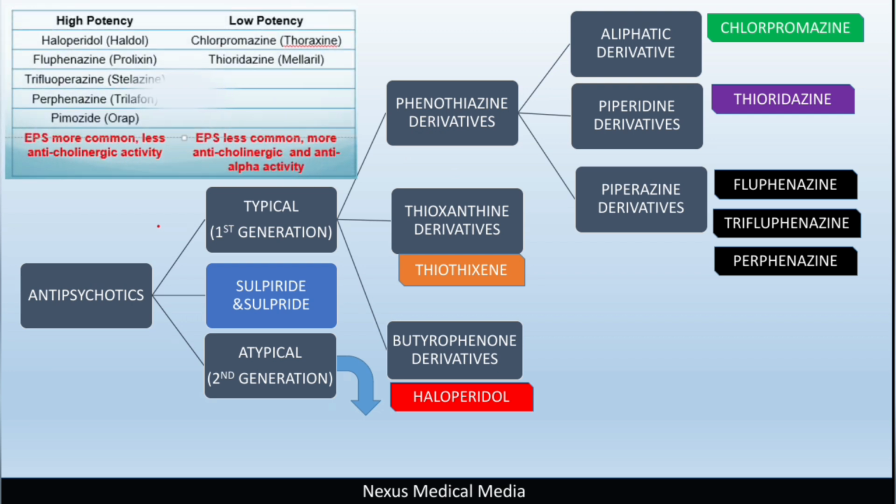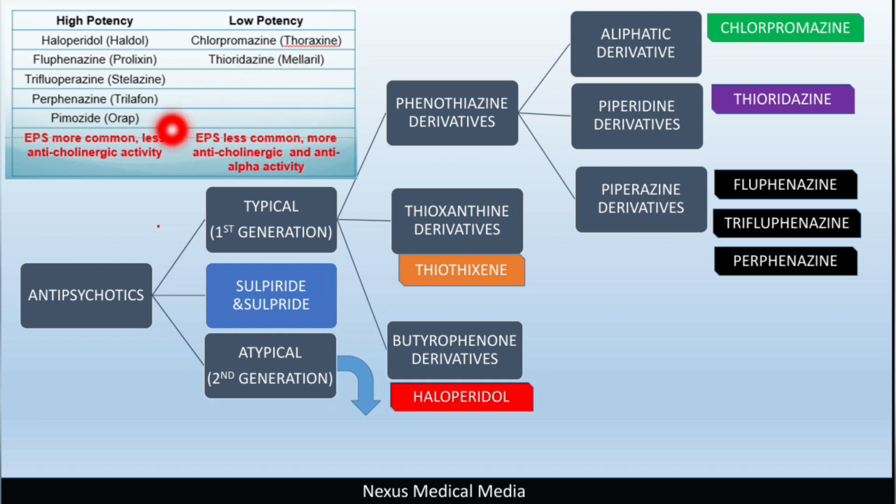Looking at the first generation antipsychotics, they are divided according to potency. They are high potency antipsychotics and low potency antipsychotics. The high potency are haloperidol, fluphenazine, trifluoperazine, perphenazine, pimozide. The low potency are chlorpromazine and thioridazine. Thioridazine is no longer used because of retinal deposition, the main side effect.